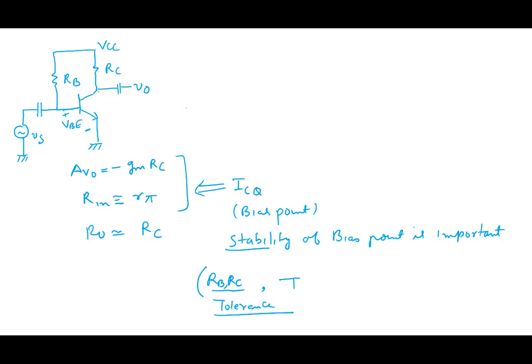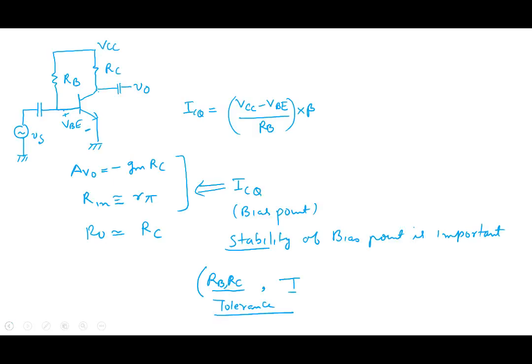In this case, we know that ICQ is basically equal to VCC minus VBE by RB multiplied by beta. So any change in base emitter voltage, for example temperature causing the base emitter voltage to decrease, will cause a change in the bias point.